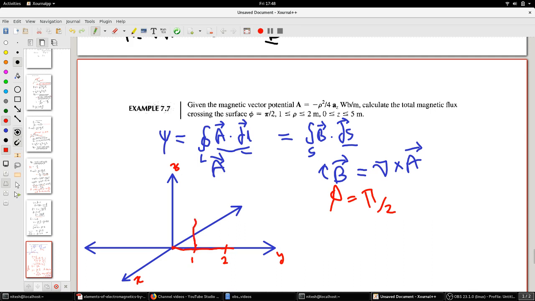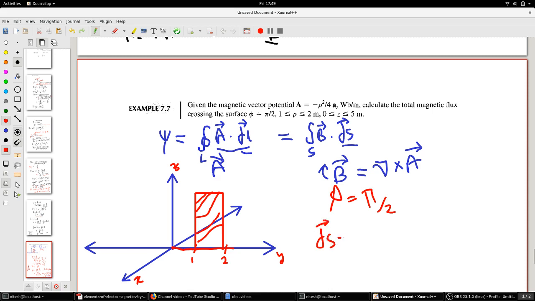So I can mark this area, 0 to 5. This is the area I will have, and this is basically the surface through which you want to find the magnetic flux. Now a simple thing is the ds vector.